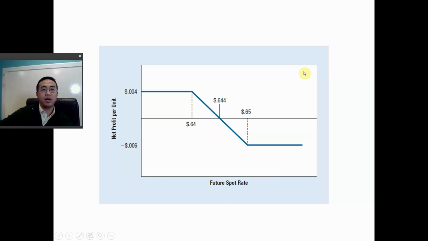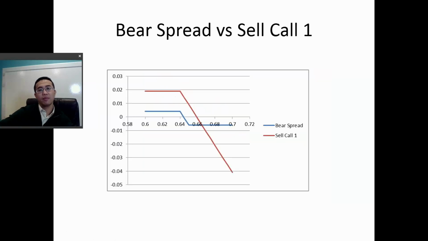And a bull spread would make money for you when the rate gets very low, but it's not as much as you can get from buying a put option. But this is a very stable situation, meaning that you don't have a wild loss, you don't have a wild profit either.